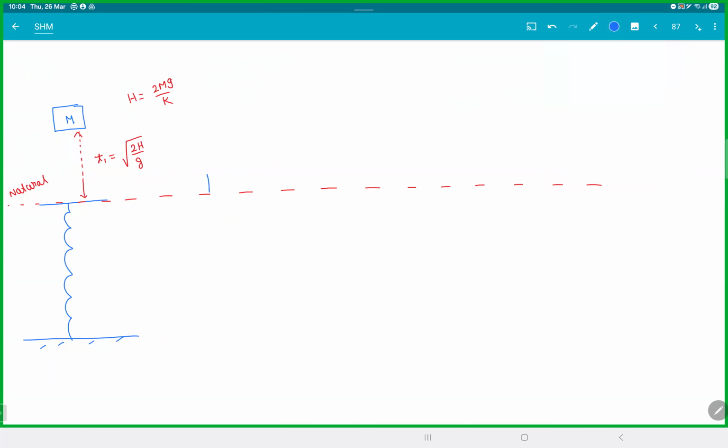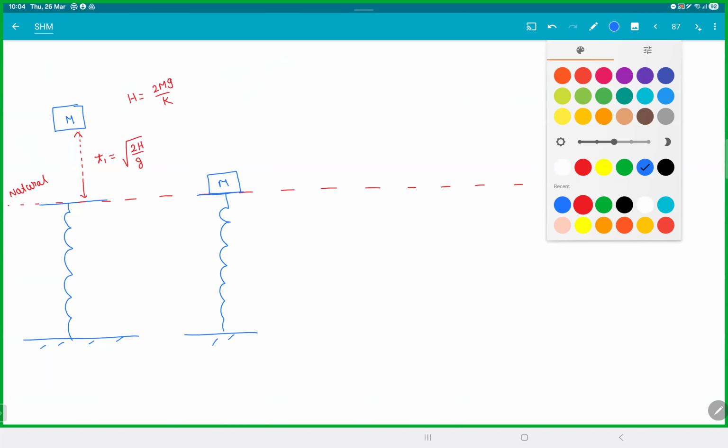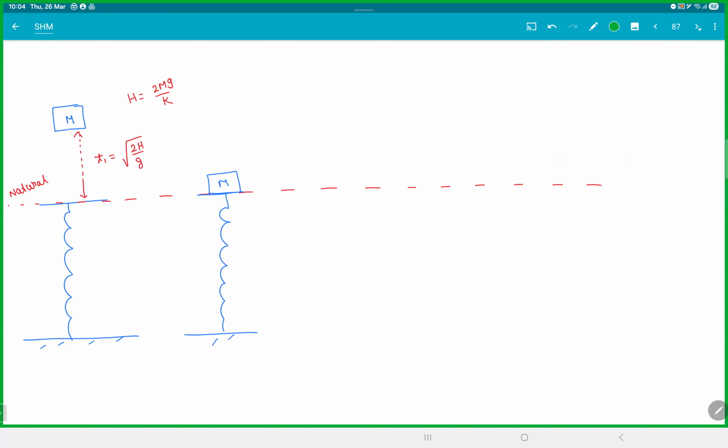Now, when the block comes and hits the spring, be careful. This is still the natural length of the spring. This is not the mean position. What is the definition of mean position? The point where the net force is 0. Natural length is not the mean position.